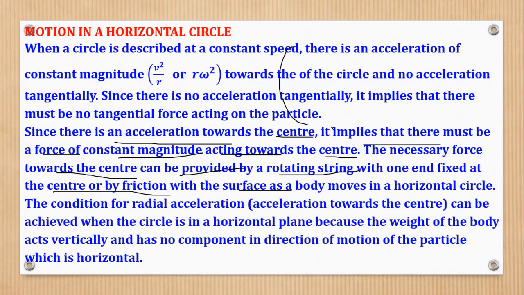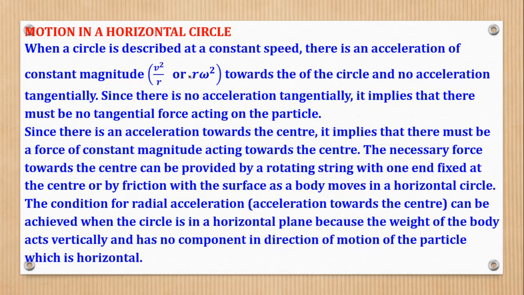So to maintain circular motion, there should be a force directed towards the center. If you are using a string, the component of the tension towards the center provides the necessary centripetal force. If not, and the body lies on a rough table, the friction towards the center will cause the circular motion. So for circular motion to occur, there must be centripetal force.